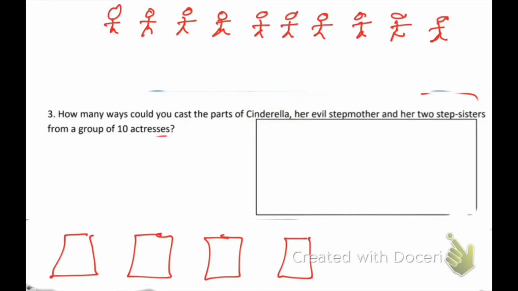So using these 10 actresses, let's say we have Cinderella, the stepmom, and stepsister 1 and stepsister 2. So how do we figure, using the fundamental counting principle, how can I figure out how to do this? Well, let's look at the method behind the counting first.